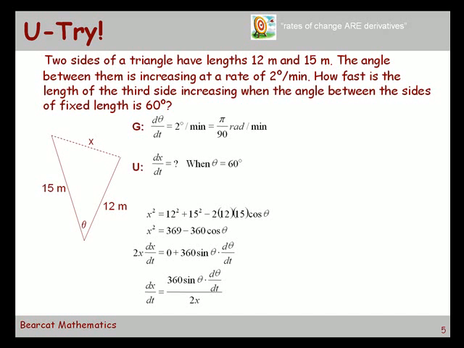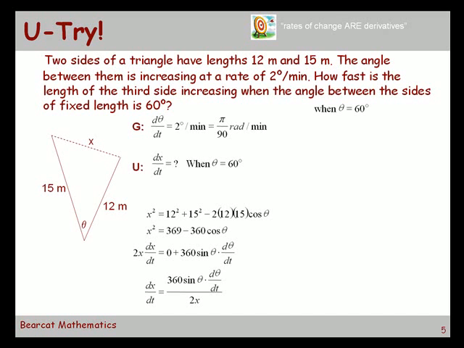Cosine of 60 turns out to be a half, doesn't it? So if I take 369 minus 180, that's going to give me 189. So x squared equals 189, therefore x would equal root 189.